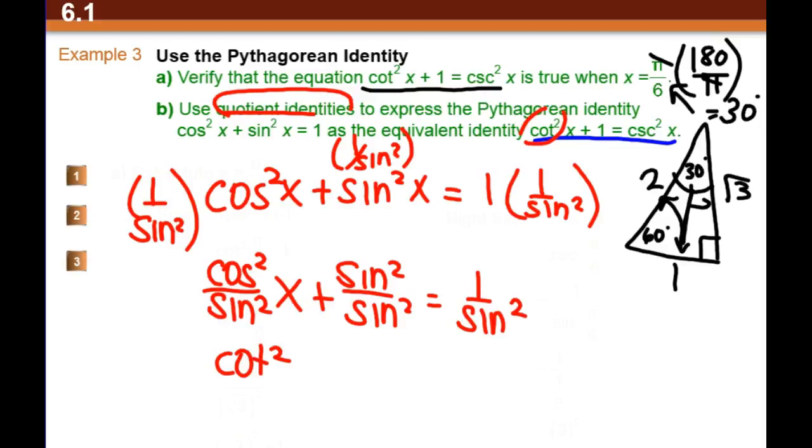We're trying to change this equation into this one. Sine squared divided by sine squared is 1. And what is the same thing as 1 over sine squared? Cosecant squared. So we changed our Pythagorean identity into this other identity that's equivalent to it.